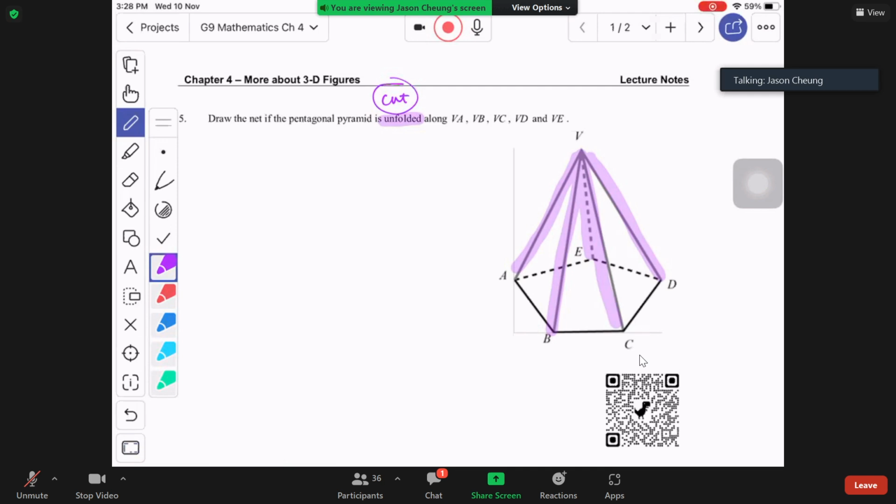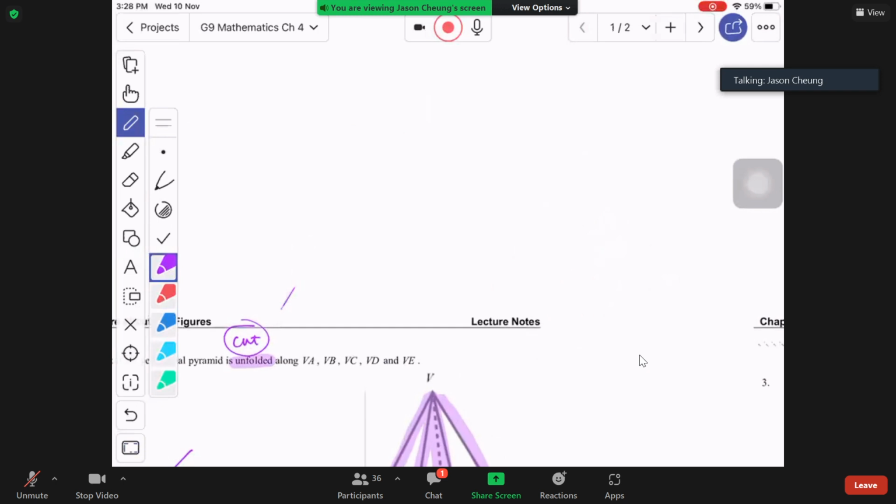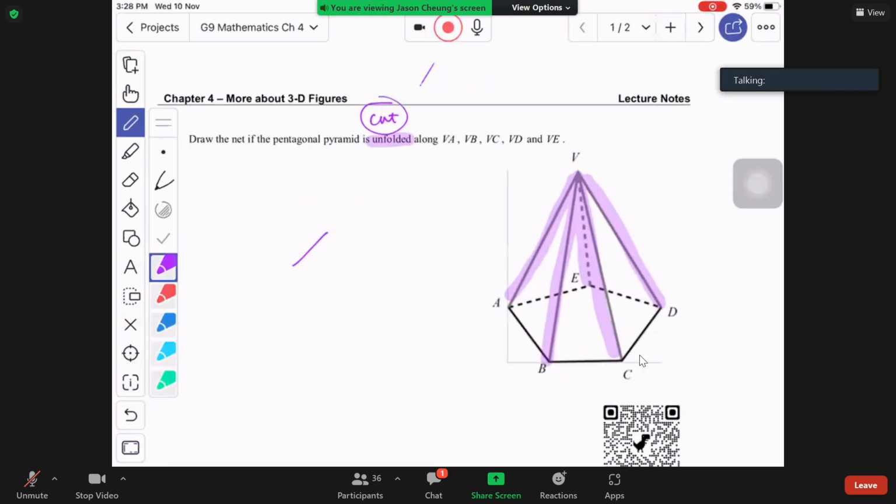Okay? How do I ensure I draw perfectly? Bob, as I mentioned before, when you draw the net, there are many possible solutions. But here, in this question, because it restricts you that we have to unfold these 5 sides, therefore the only solution 就係頭先 what you can see in the QR code, it looks like this. Oh my God, oops.